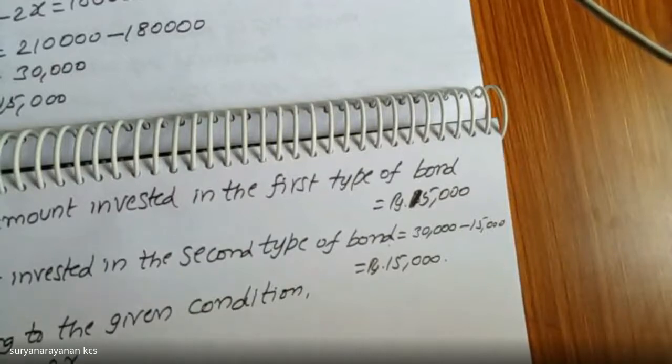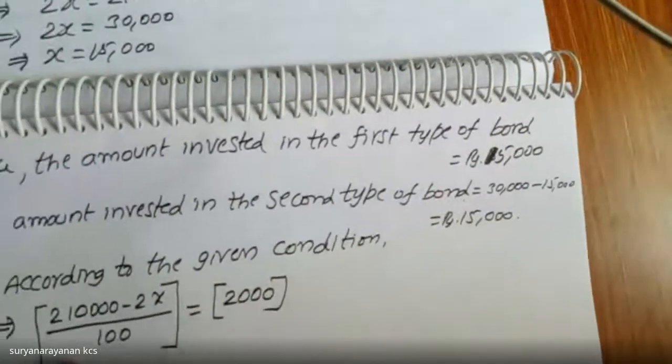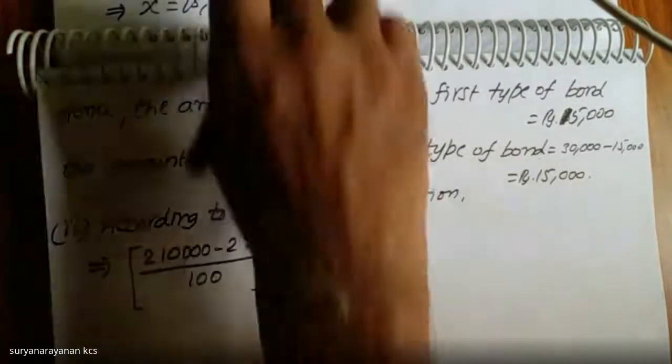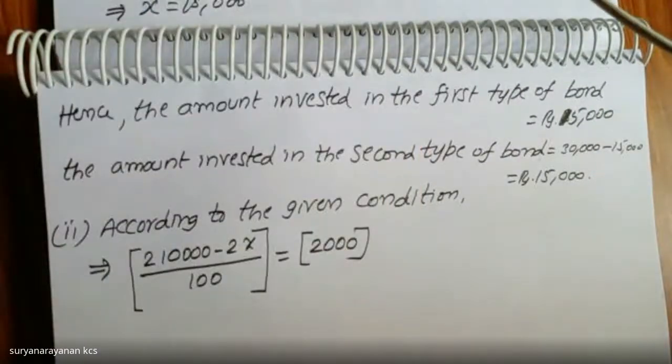2,10,000 minus 2x by 100 is equal to 2,000. Here the total interest paid by both bonds is 2,000. In the previous case, it is 1,800, so I wrote the step directly.